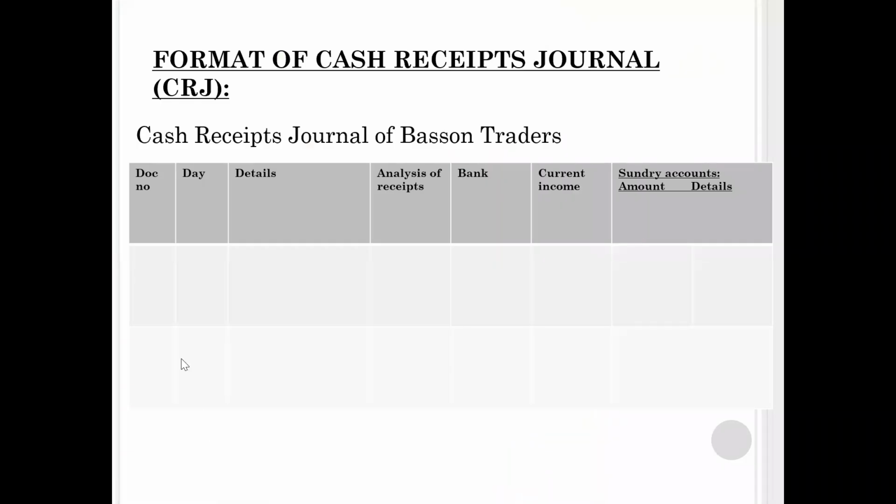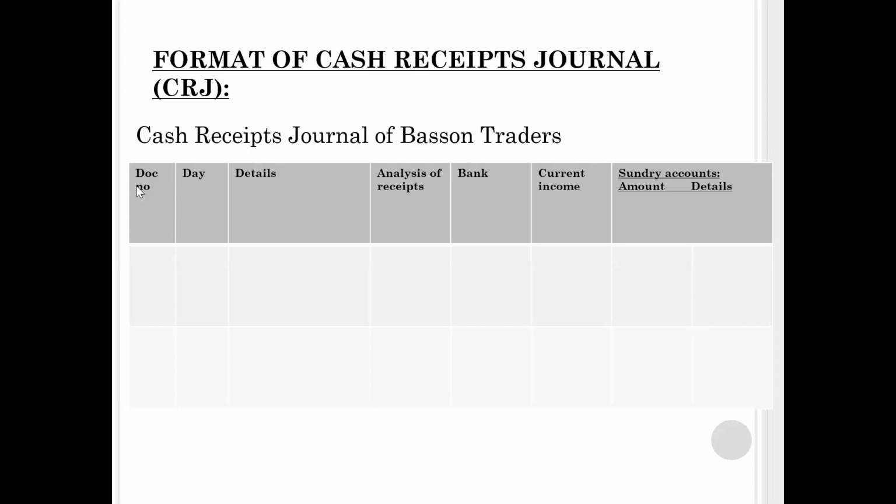Right. So let's just again revise the format of the cash receipts journal. Like I said, at the top you will see the name of the business. So it's cash receipts journal of, and whatever the name of the business is going to be, in this case, Bason Traders. Then you're going to have different columns with some headings, and that is going to be the format of this journal.